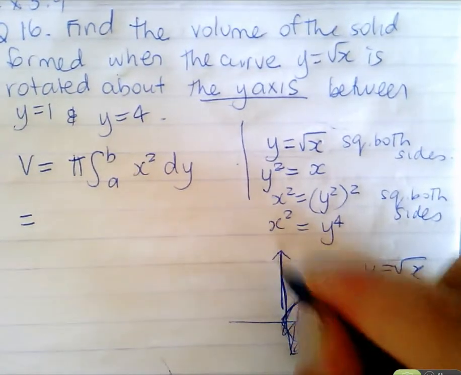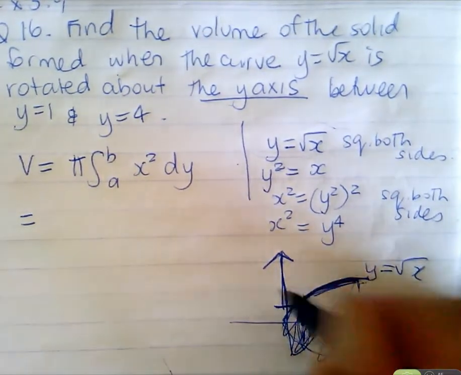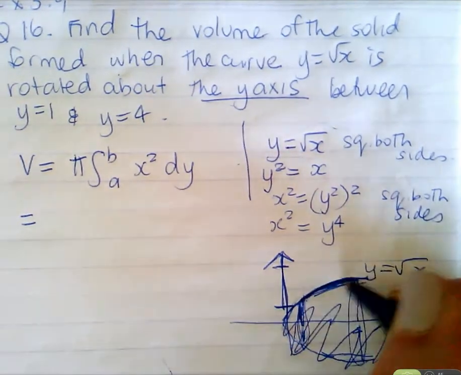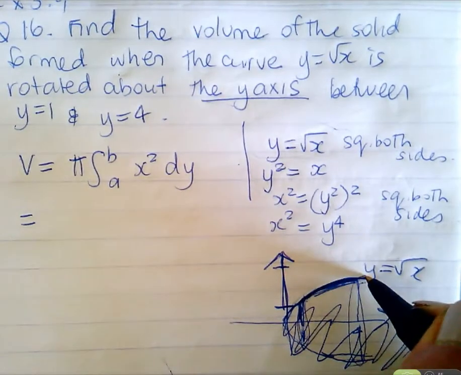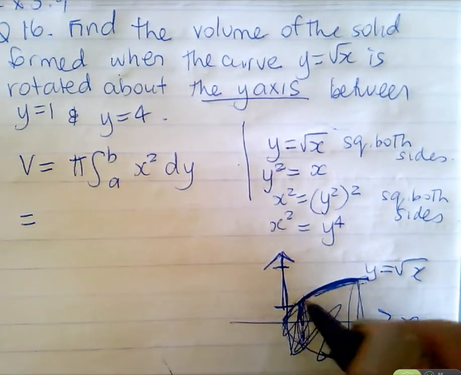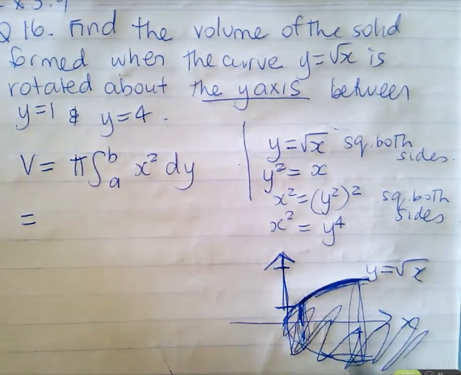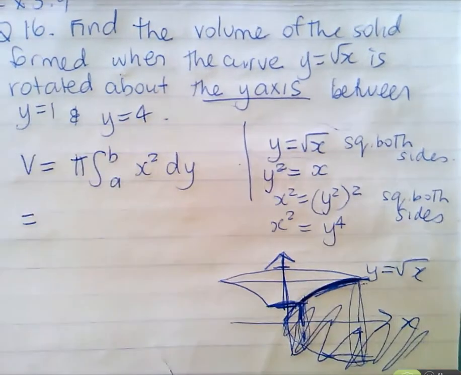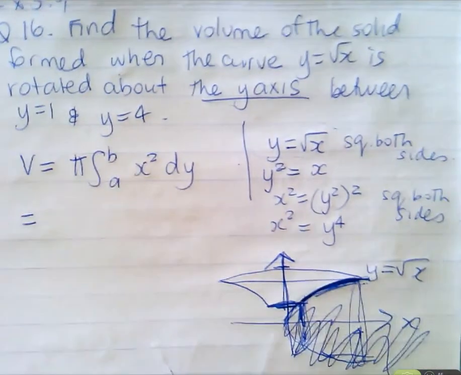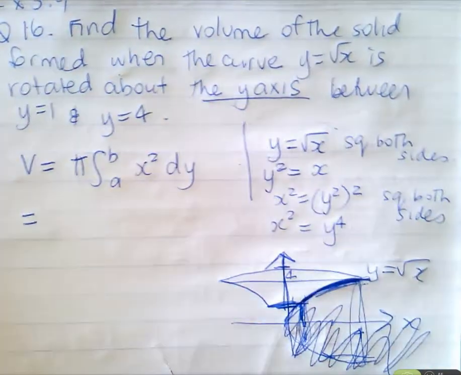It's rotated about the y-axis between y is 1 and y is 4. So it's like an open trumpet. Bad drawing. Sorry, guys. Okay, it's like an open trumpet, so let's go.